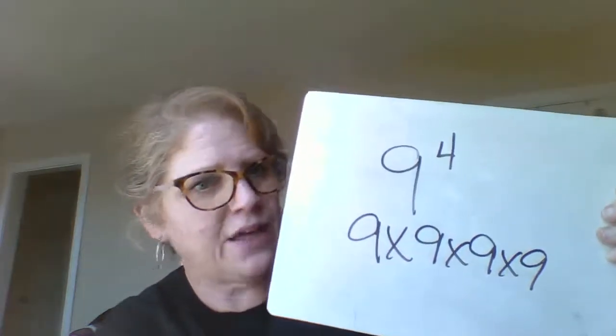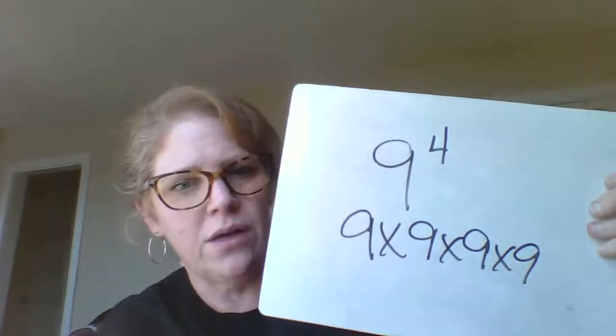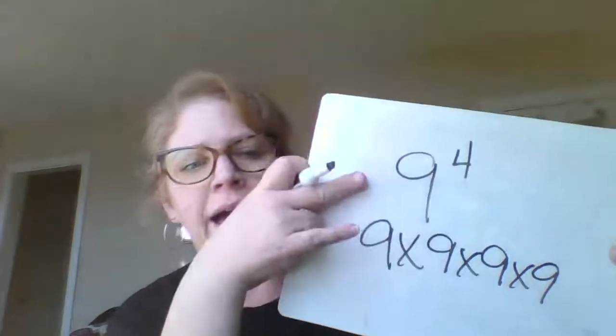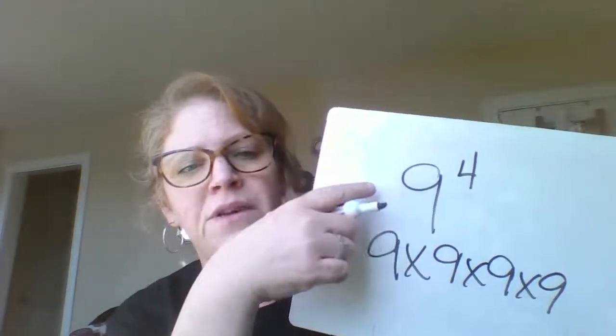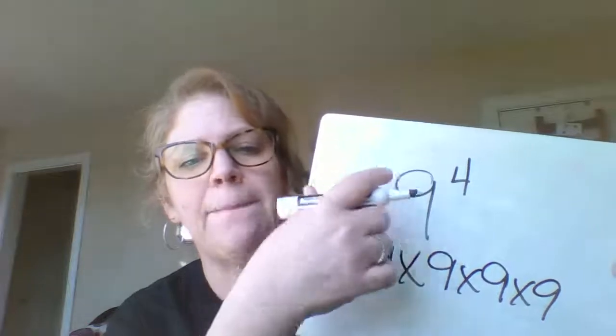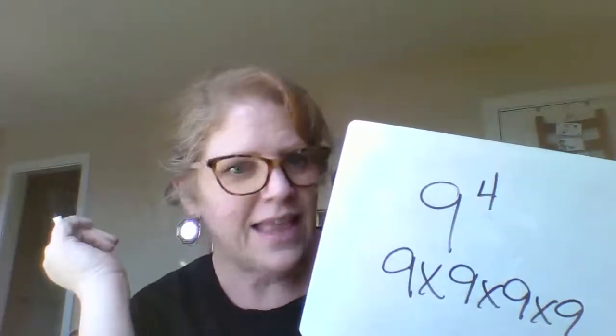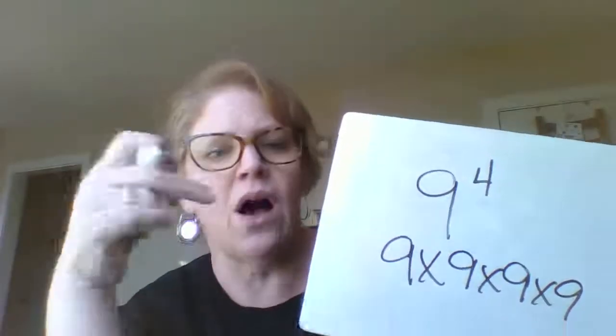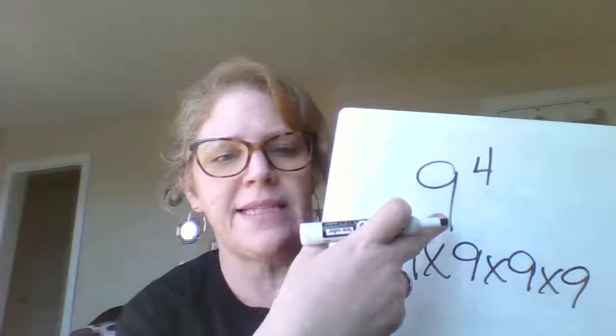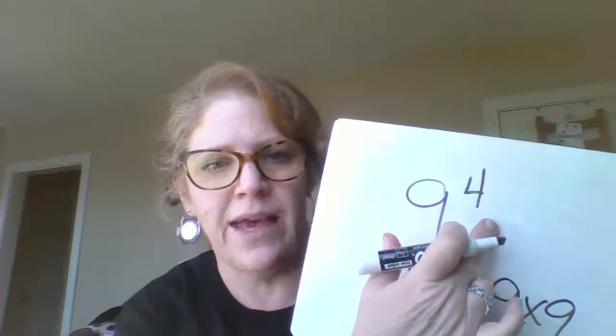If you remember that, you won't be able to get these wrong, okay? You have to remember that you never multiply the base by the exponent. That is not how it goes. Always multiply the base times itself this many times, okay? So that's really it in a nutshell.